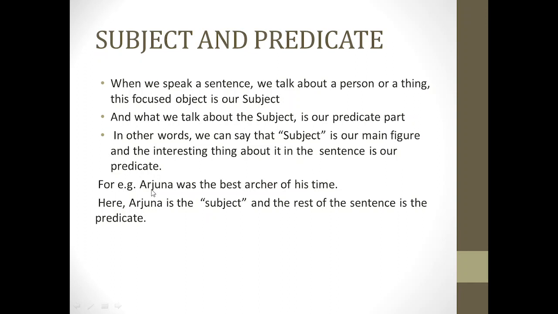So in simple words, the subject is the main person or thing in the sentence, and the predicate is what is being said about the subject. The predicate part will be much longer, as you see here. Let's move forward.